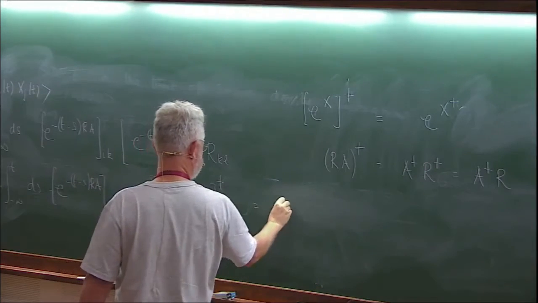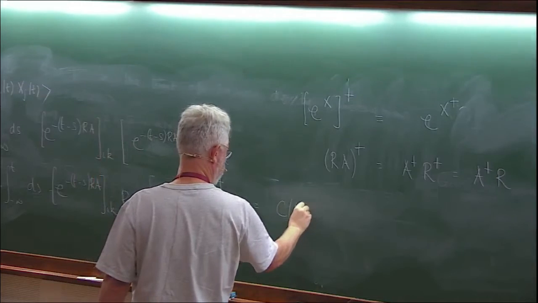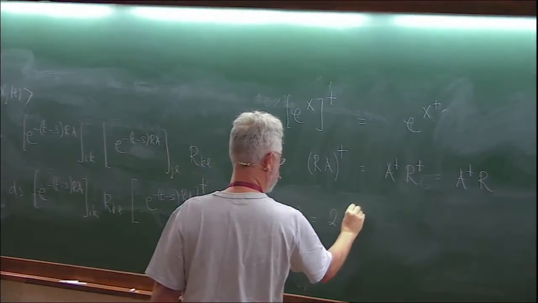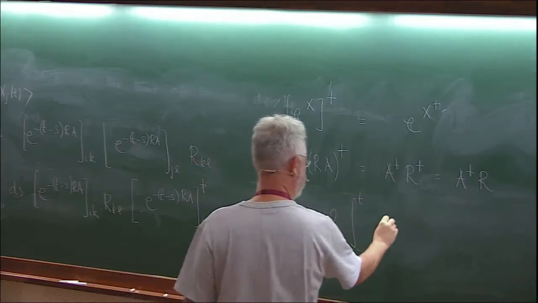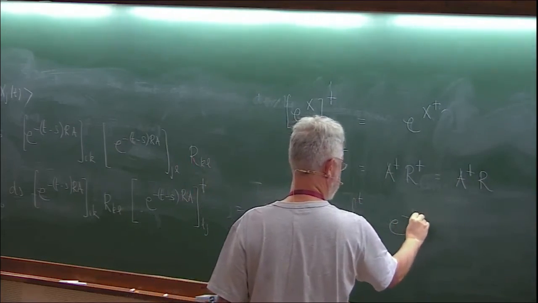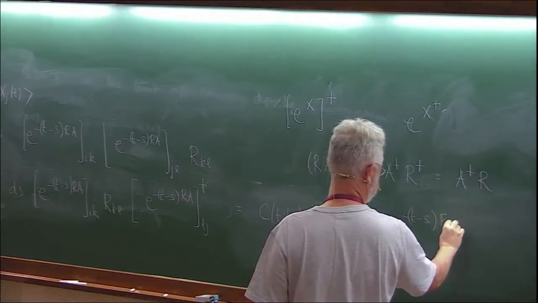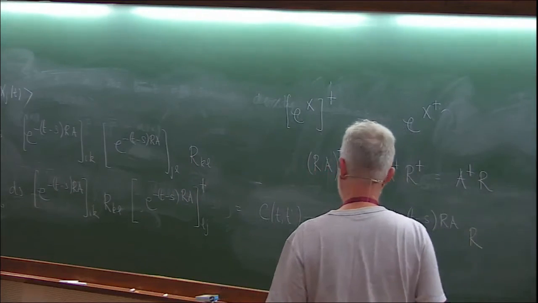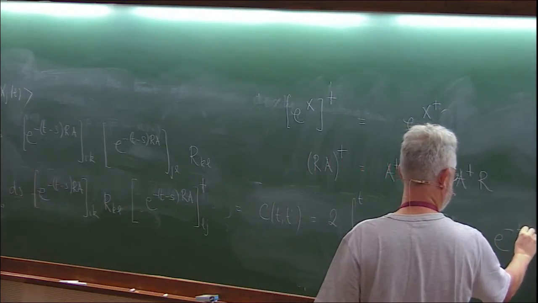I can write that C of T prime, using matrix notation now, is equal to twice the integral between minus infinity and t of e to the minus t minus s times Ra. I'm going to have R here. I'm going to have e to the minus t minus s.